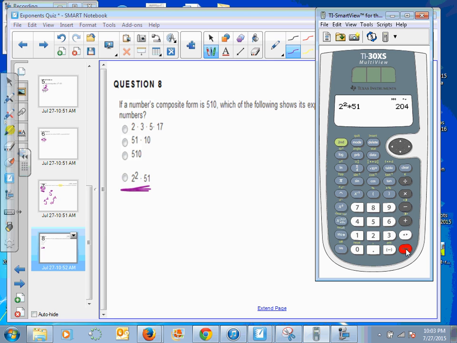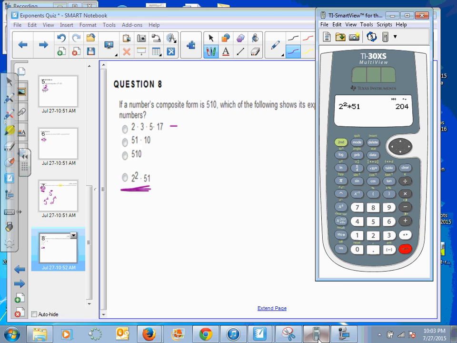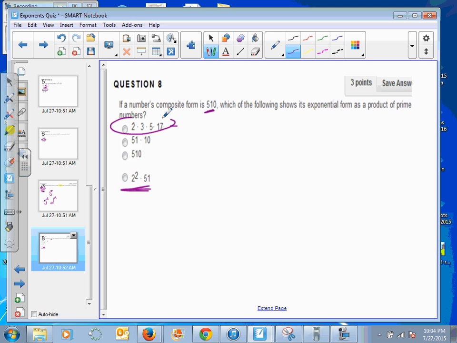Okay, 204. All right, so that's not what we're looking for. I was wrong about that. Let's jump up to choice A because I see those are all prime numbers. Let's see what that does for us: 2 times 3 times 5 times 17. There we go, the 510, which is what we're looking for. So we'll take that choice. Okay.